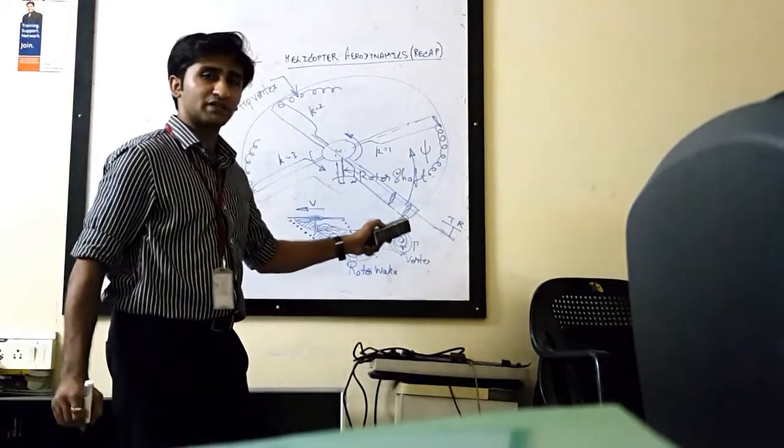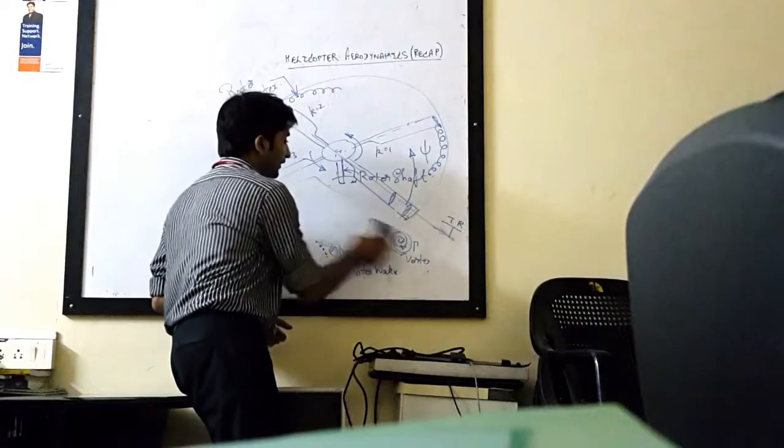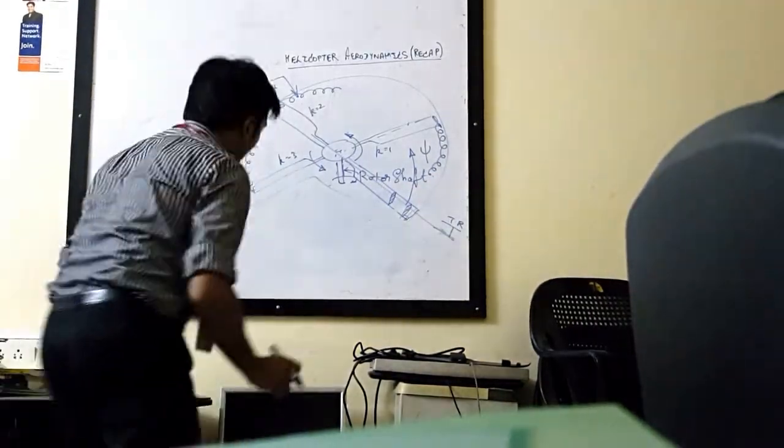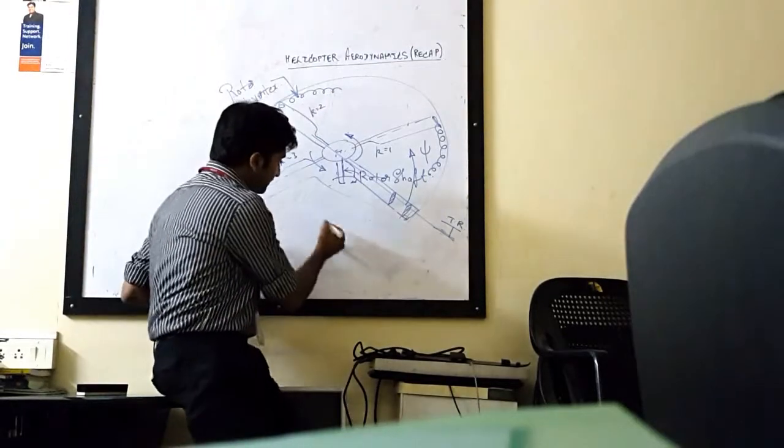Now this vortex has a very complicated three-dimensional geometry. It looks like this.